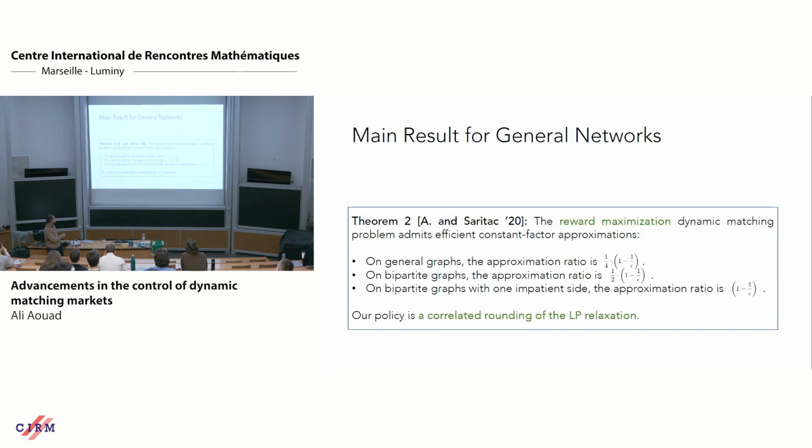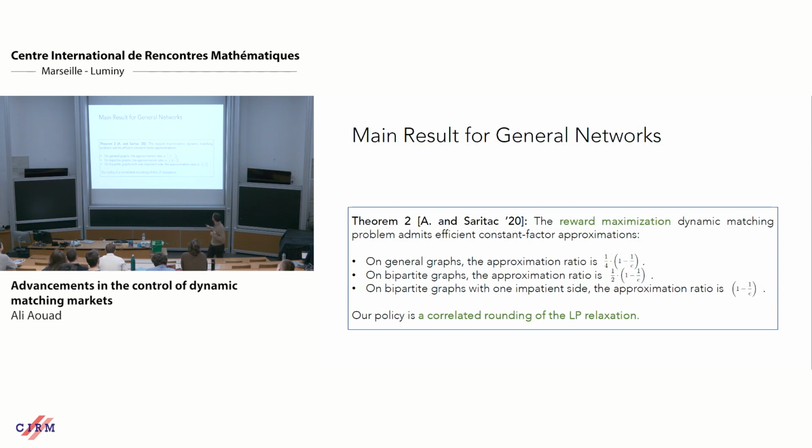So in the reward maximization problem, imagine that there are rewards and we want to maximize the long-term expected rewards from our policy. We obtain a series of constant factor approximations depending on the structure of the graph: if we have a general graph, a bipartite graph, or a bipartite graph where one side of the market wants to leave immediately upon arrival.